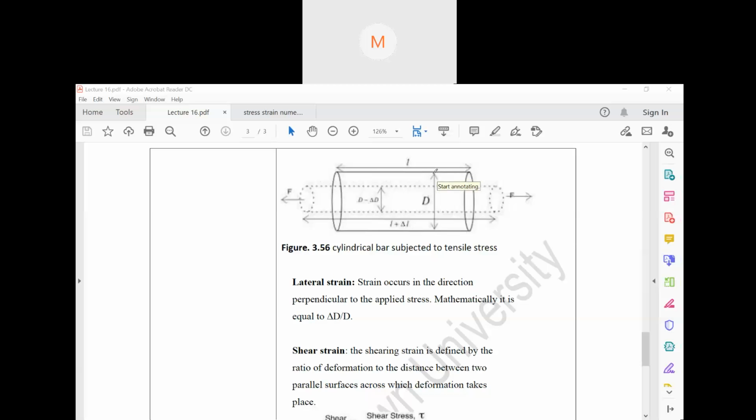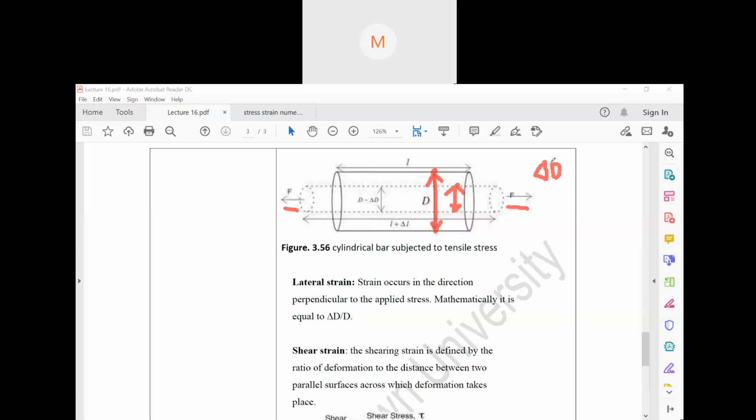So now what happens? Look, this is D. D means what? The diameter, right? The force is applied here, and eventually the D changes. Initially, this was the D, and after that it changes by an amount of delta D, right?